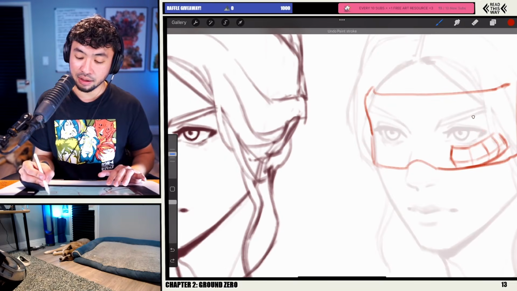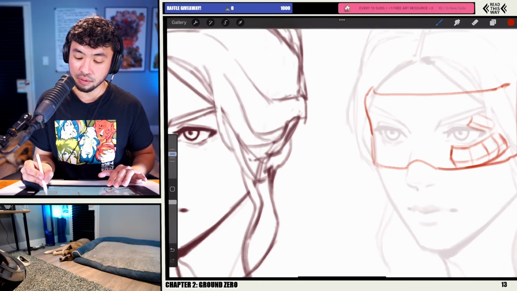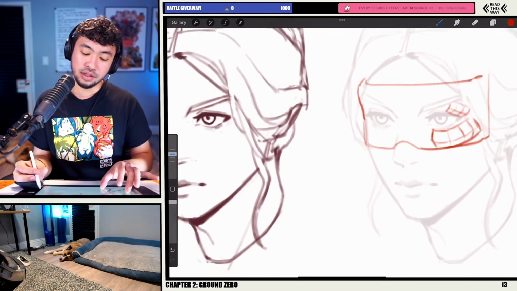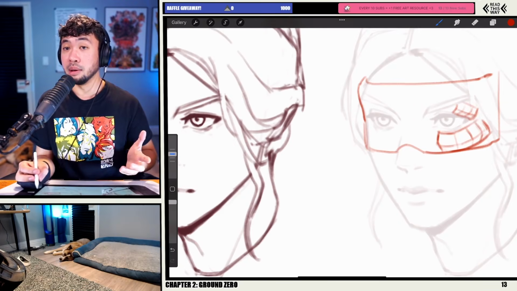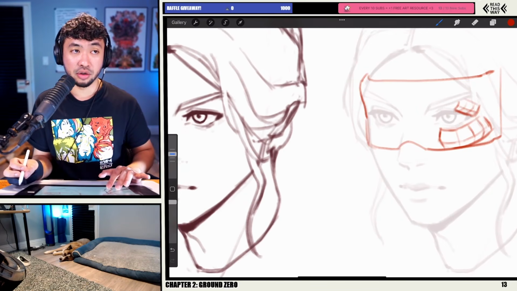Underneath the eyelid, or underneath the eyebrow right here, there's going to be more of a plane that wraps into the brow. Understanding some of these contours becomes really helpful for establishing structure in the face.